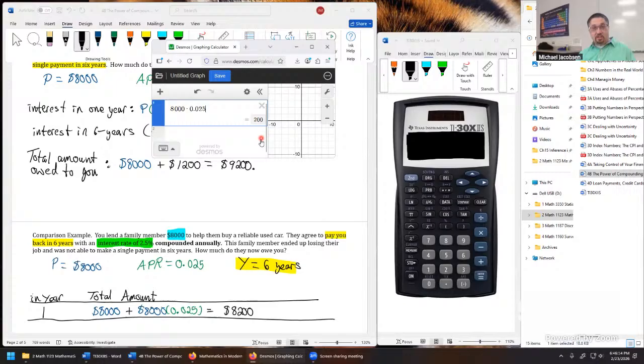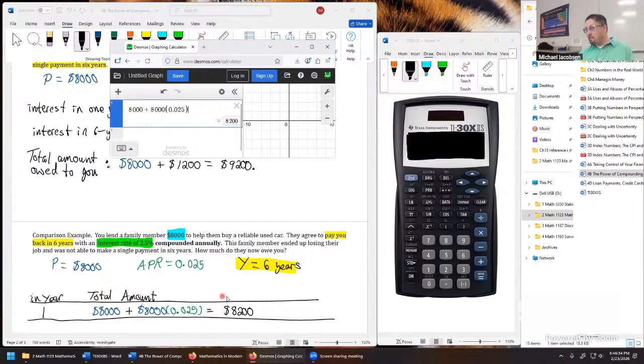Let's double check that in the calculator just to make sure the numbers are working as intended. Take the principal 8,000, but then 1 year has gone by at an APR of 2.5%. So take 8,000 again, multiply it by 0.025, and we get the 8,200 that we're expecting. That was a hard table to come up with from scratch.